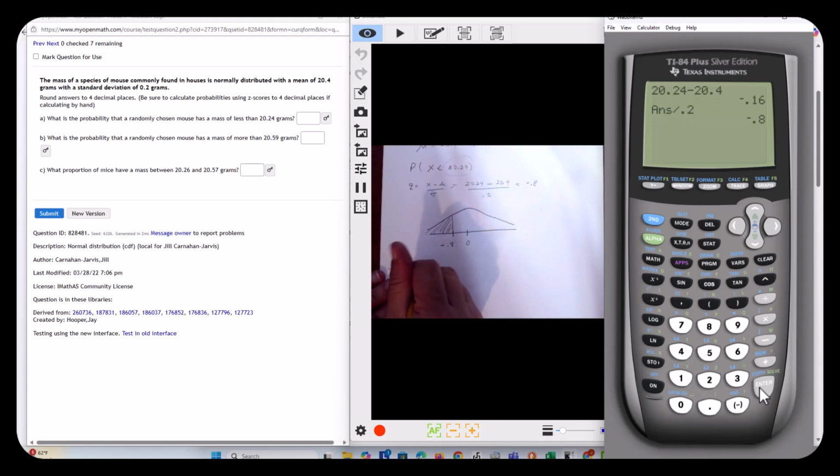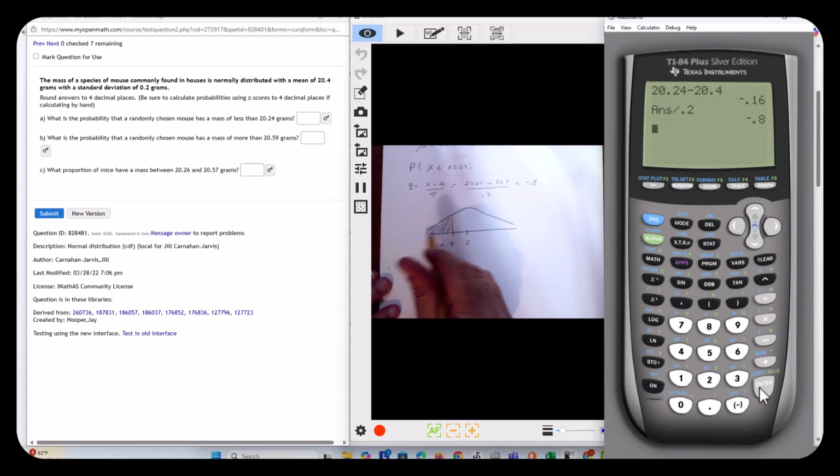So I have a couple of ways I can do this. Since I'm wanting to find this area here, I'm going to be using the TI, and I'm going to be doing the normal CDF.